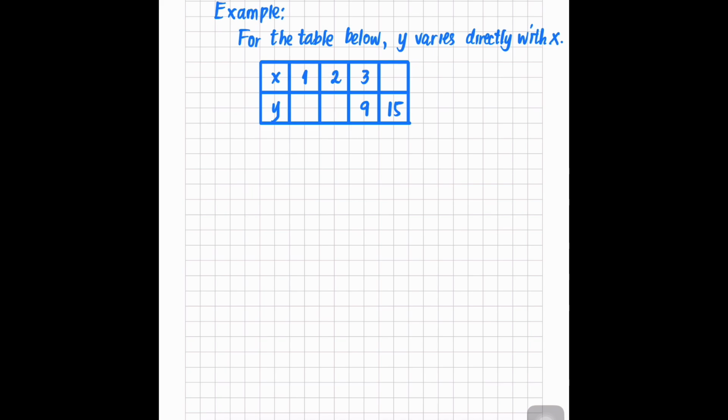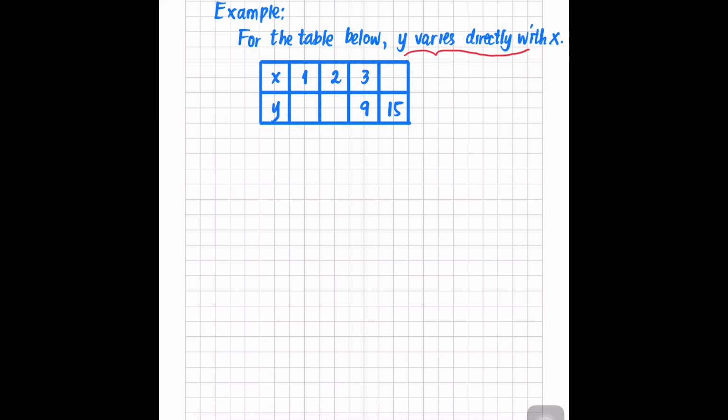There's also another way on how to graph direct proportion, even if you don't complete the table. This pair right here, we were given the hint, right? So also the problem tells us that y varies directly with x.